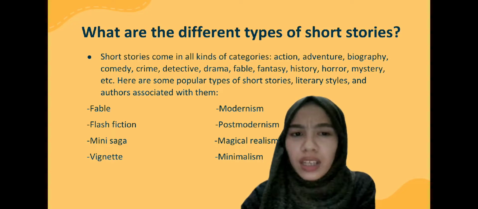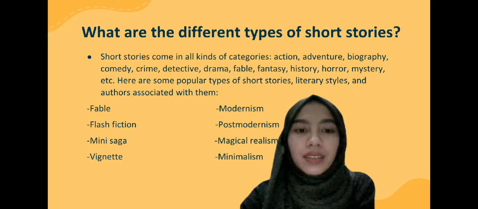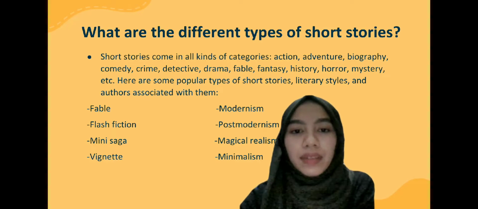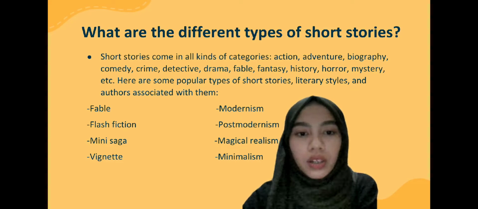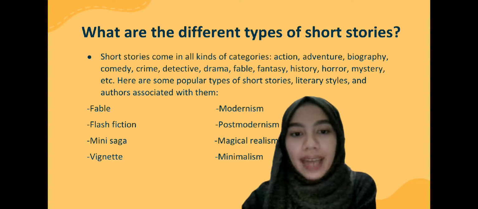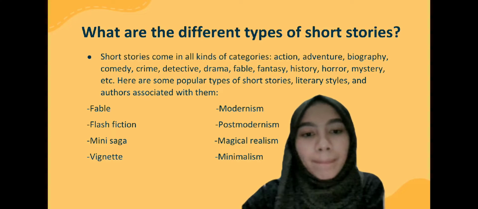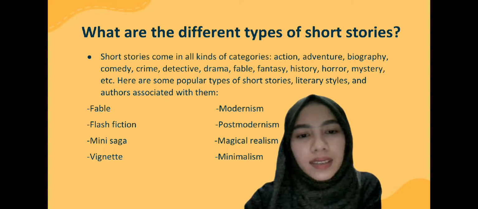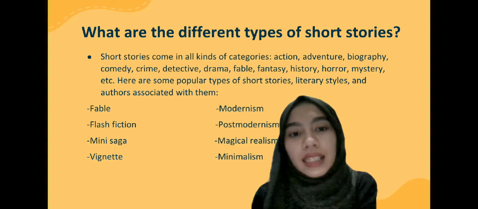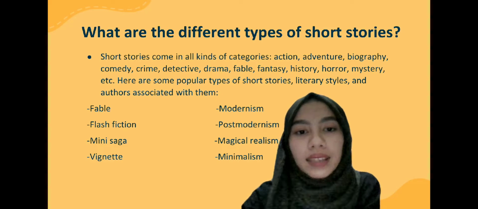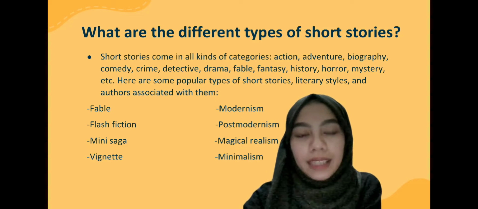This is using fragmentation, paradox, or unreliable narrators to explore the relationship between the author, reader, and text. And magical realism. This is combining realistic narrative or setting with elements of surrealism, dream, or fantasy.